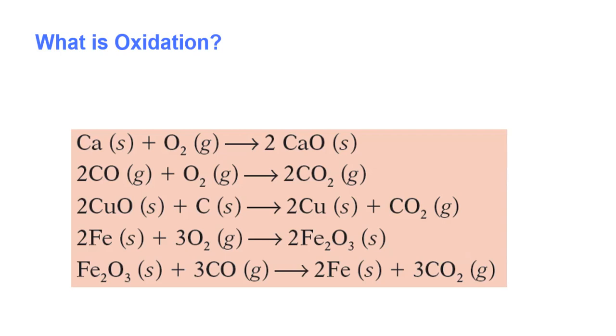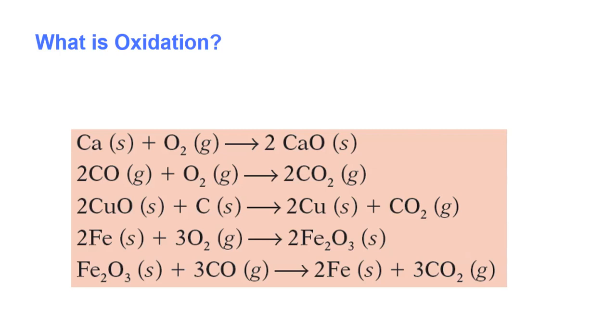In this example, carbon monoxide gained oxygen. Similarly, third example, copper oxide reacts with carbon to produce copper and carbon dioxide. In this example, carbon gained oxygen.